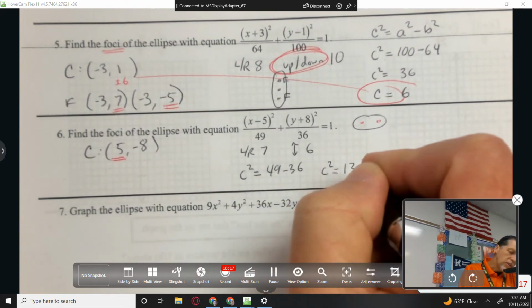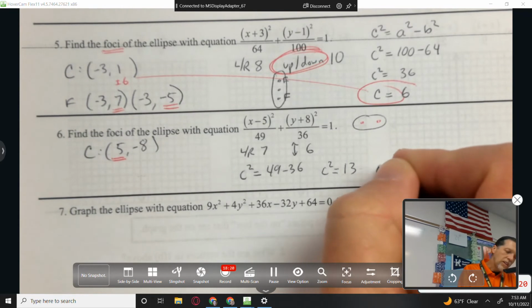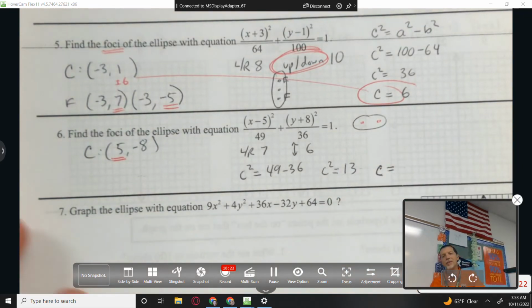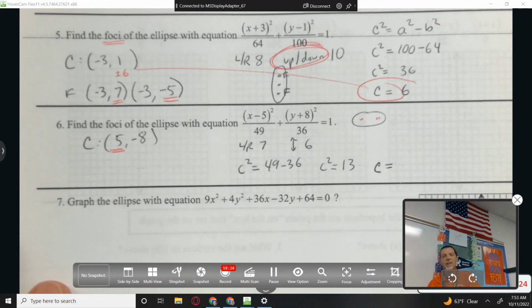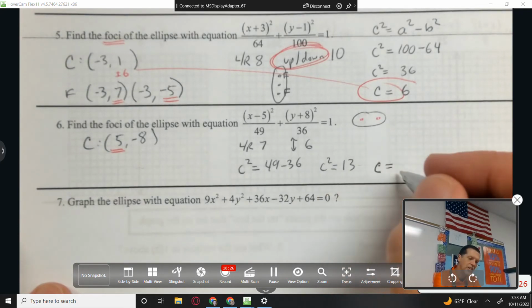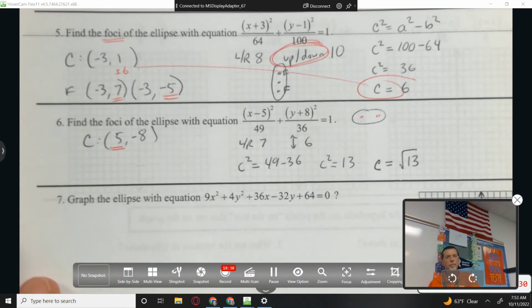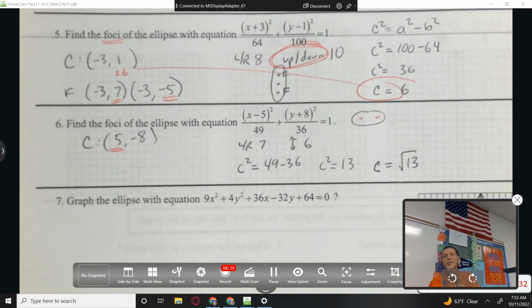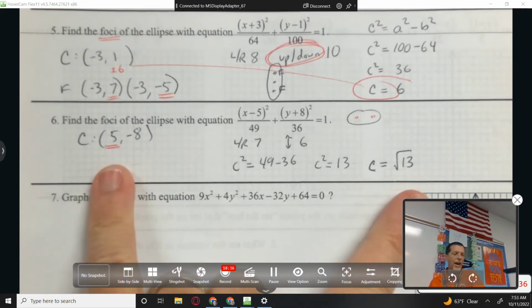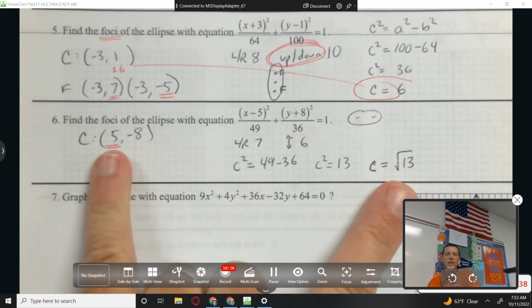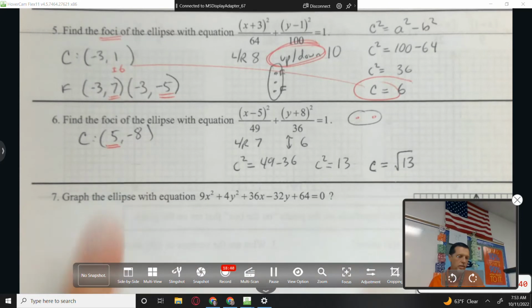C squared equals 13. This is the problem that Toby kind of anticipated a minute ago. Well, 13 is not a perfect square, so I'm kind of just stuck with 13. In some ways, this is even easier than the previous problem because I want to add and subtract square root of 13 to that 5 coordinate.